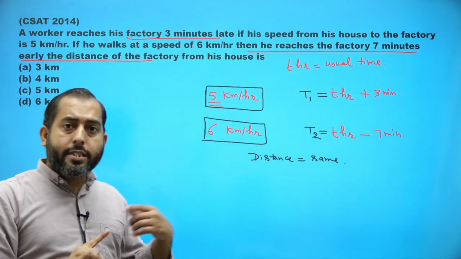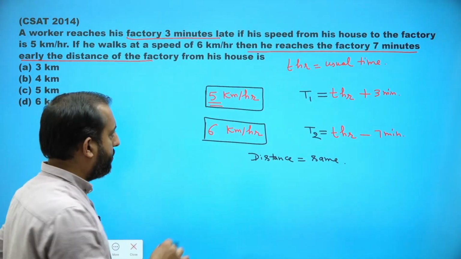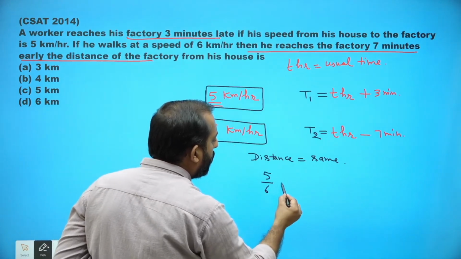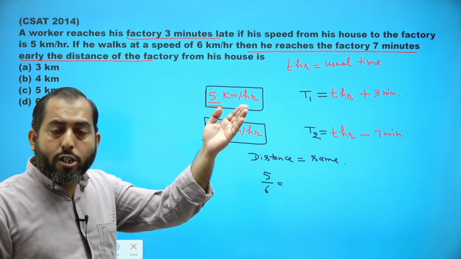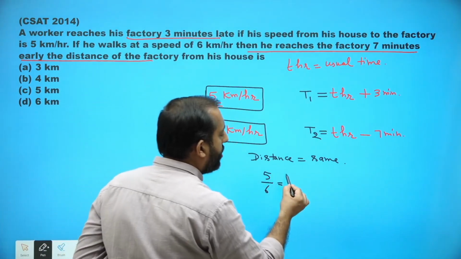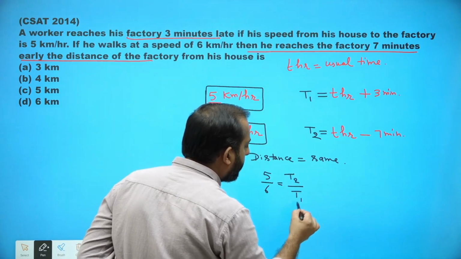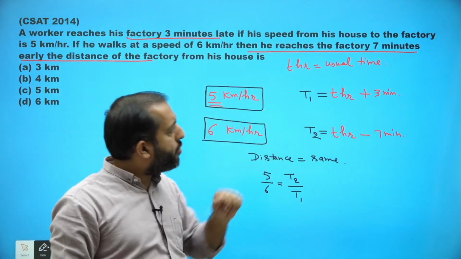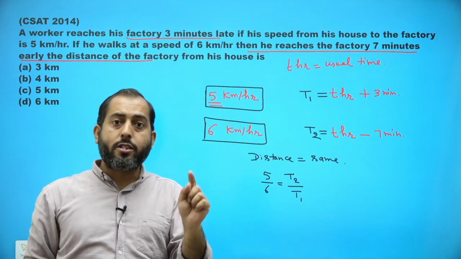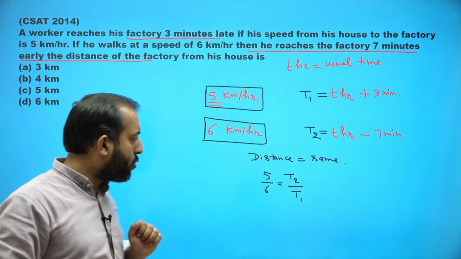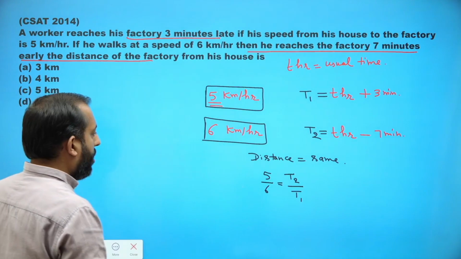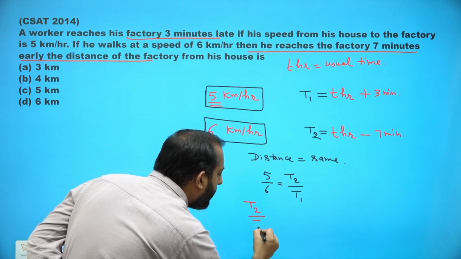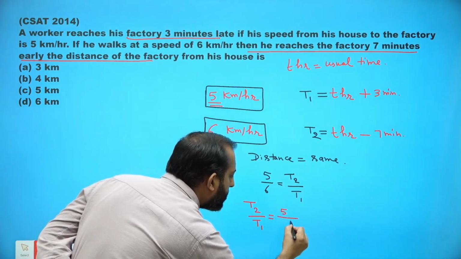If distance is the same, then the ratio of speeds, 5:6, will be inversely proportional to the ratio of time taken, which is T2 upon T1. Because if distance is constant, then speed is inversely proportional to time. So I can say from here T2 upon T1 is equal to 5/6.